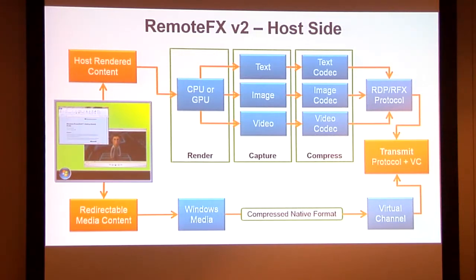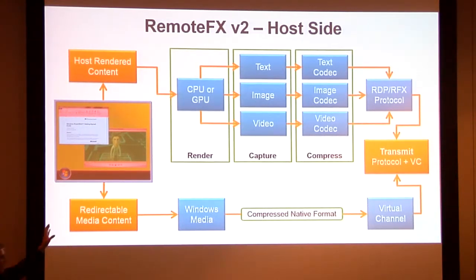I did some color coding here: the blue is the text, the red is the still image, and the green is video or animation. Those 3 different formats are treated separately, so you can see there are 3 different pipelines that deal with the different formats. In the end, they're brought into the RDP protocol and transmitted to the client.